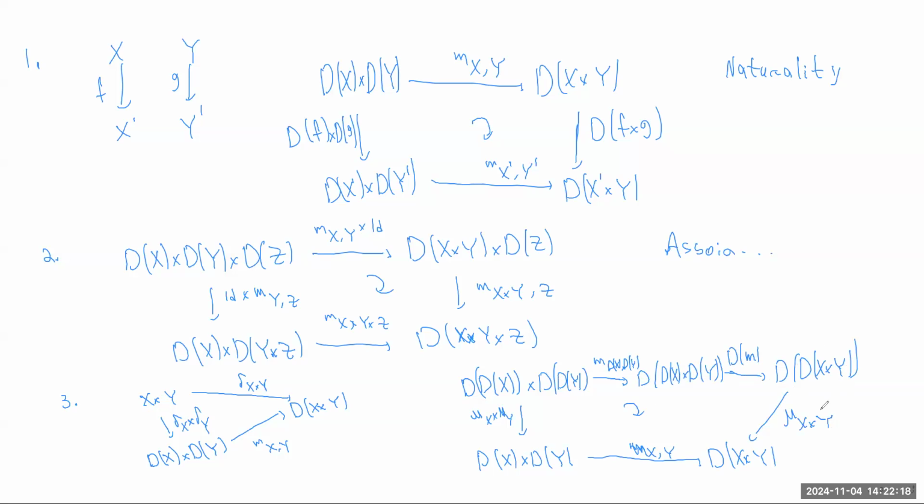So that means that this multiplication also behaves well with the monad structure, the monadic structure that we have, this multiplication and delta.